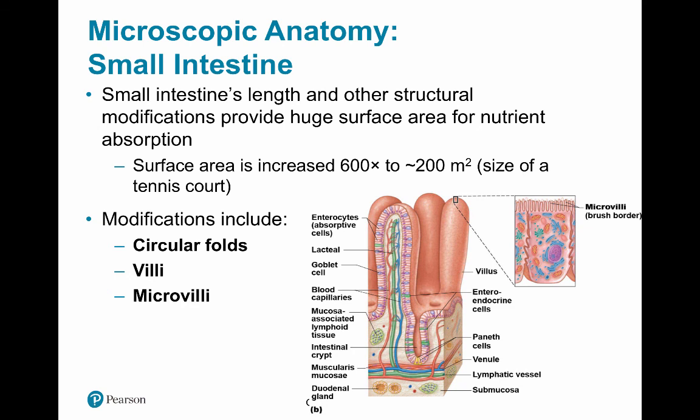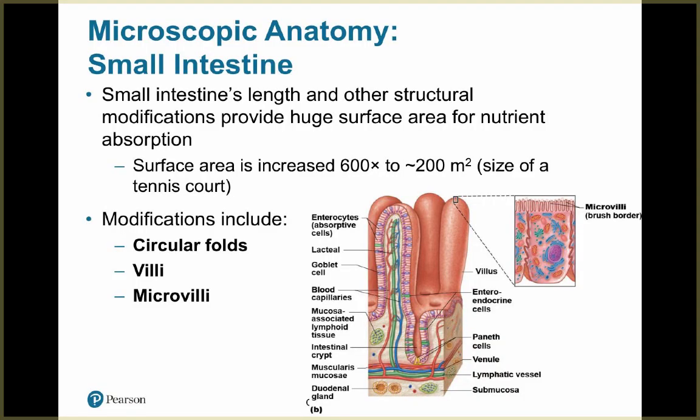If you look here, you'll notice these microvilli that are part of the brush border cells that help with surface area. So you can see there's so much more area that's exposed. So that's going to help the absorption of nutrients.